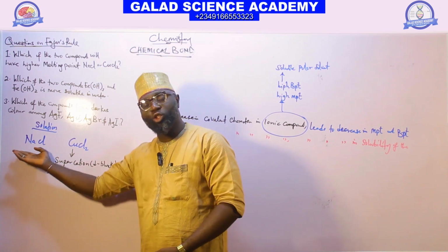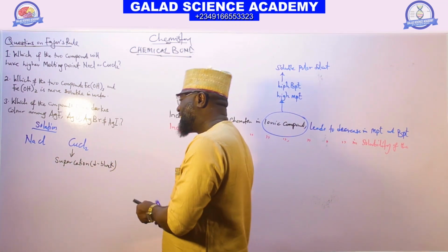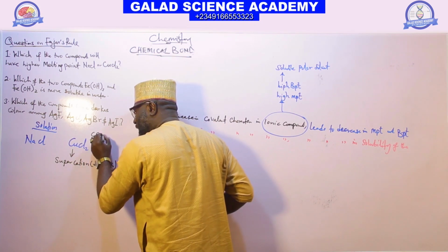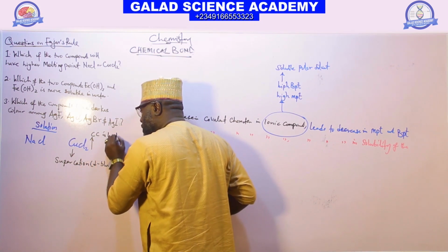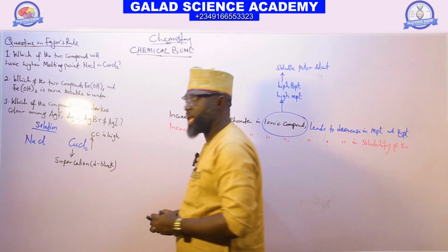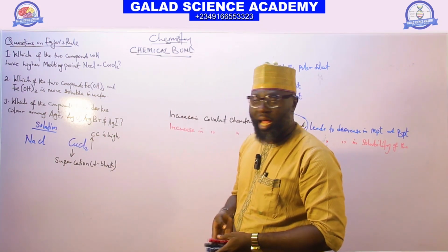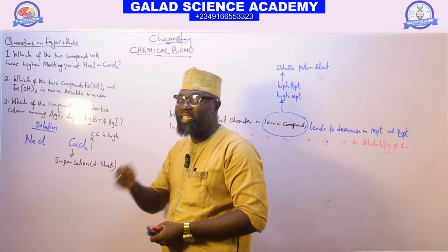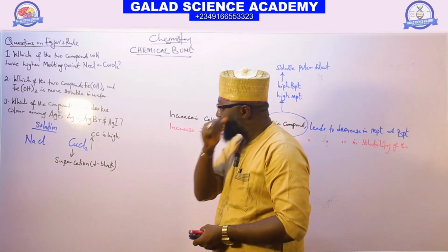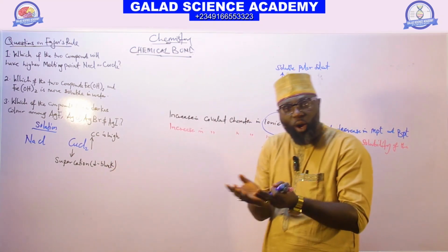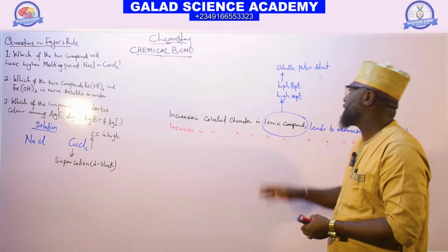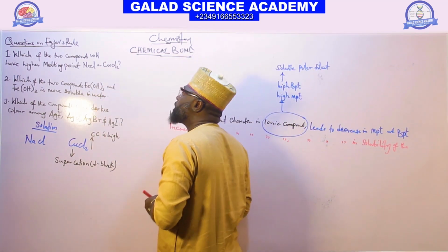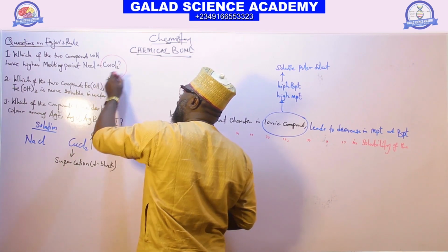So compared to the normal cation, automatically the covalent character is high in copper chloride. I now said any compound that has a high degree of covalent character has lower boiling point and melting point. So what will be the answer now? The answer is copper chloride.